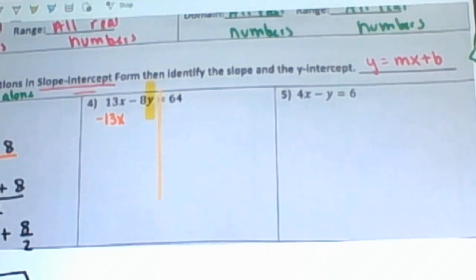Is it over there? Yeah. Well, can you simplify it? You know, like this y was alone here, but I wanted you to break it apart.